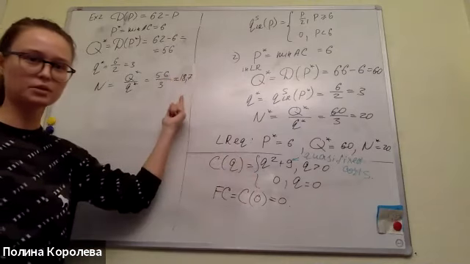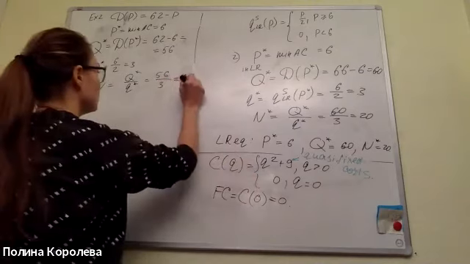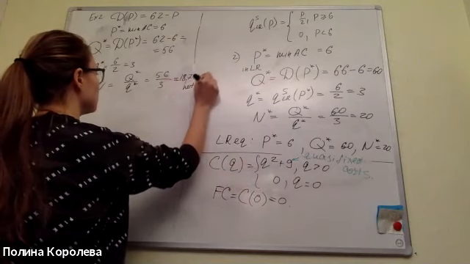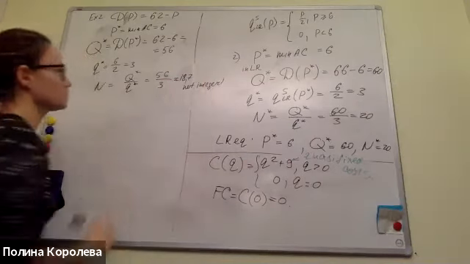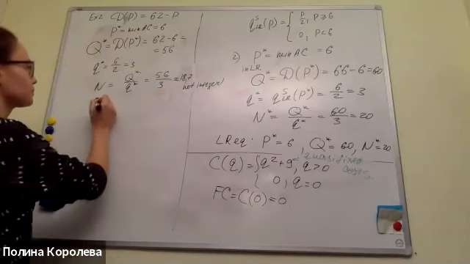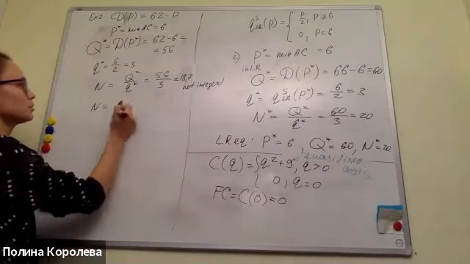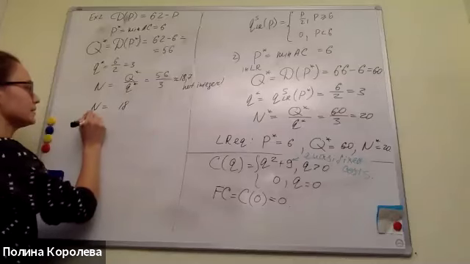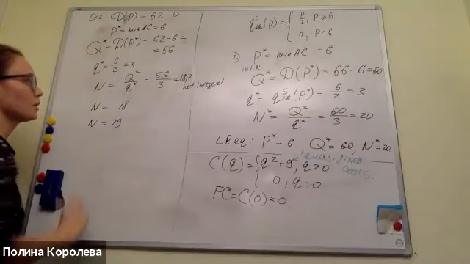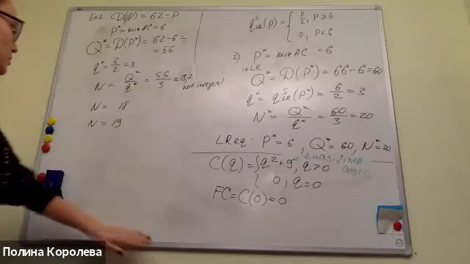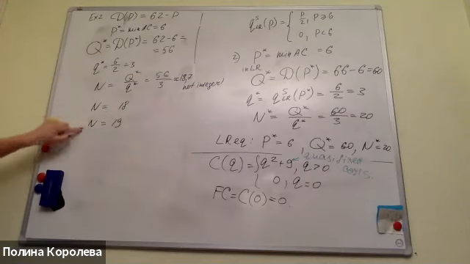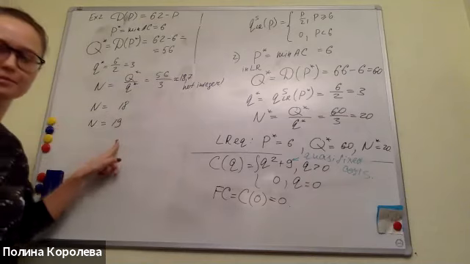It is not an integer. So what are our options? The number of firms will be equal to 18 or 19. What can you tell me? What is the correct answer for the number of firms? 18 or 19?